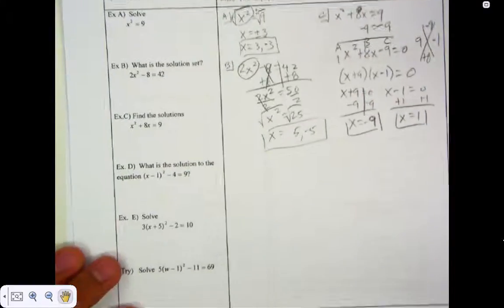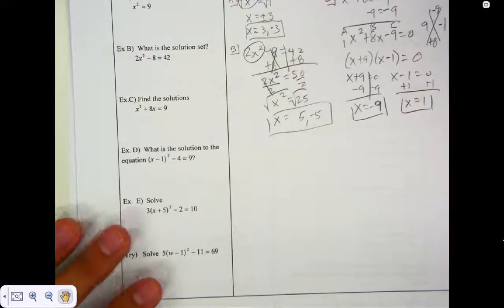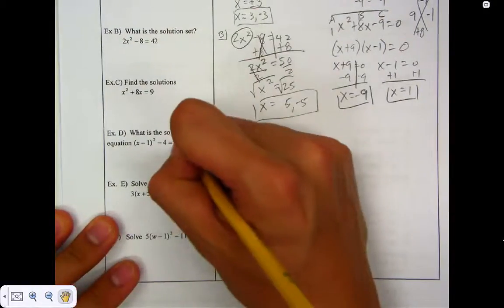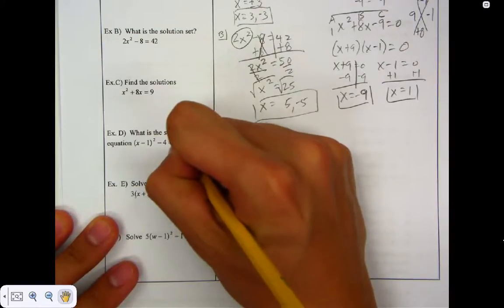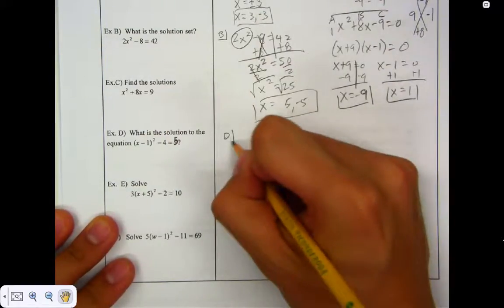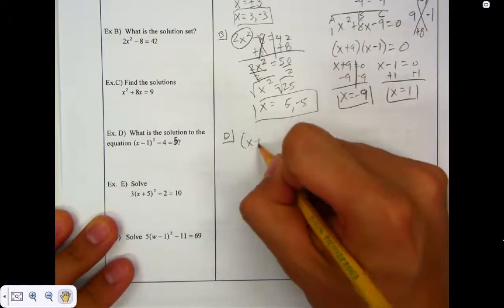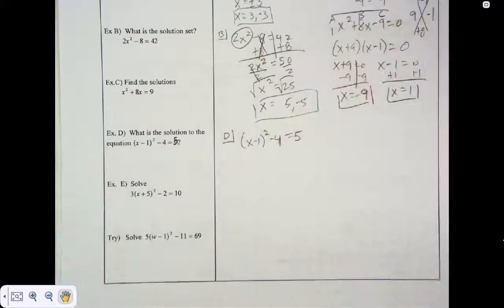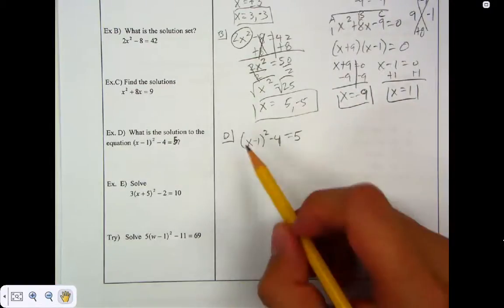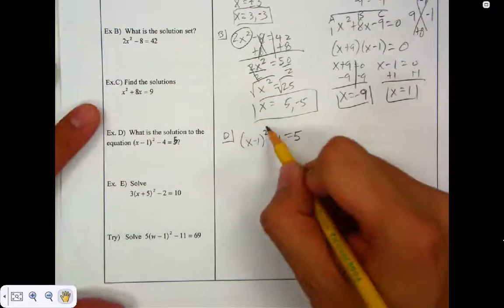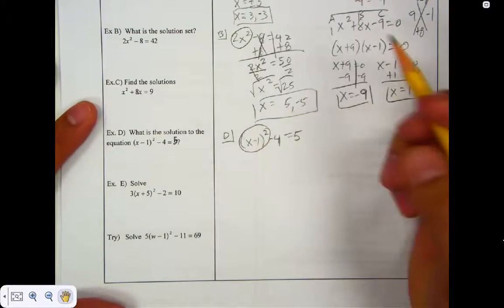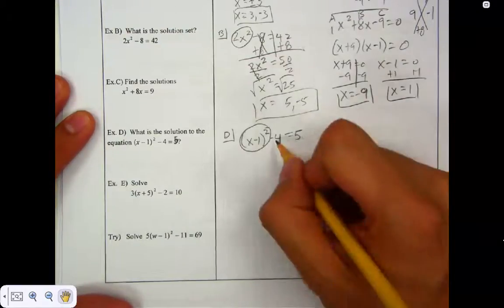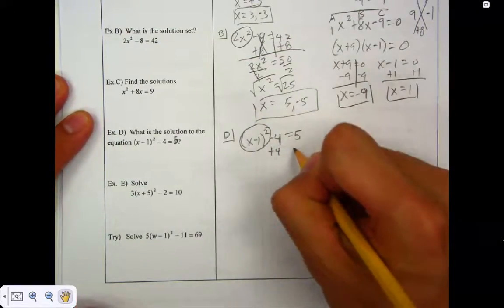Example D, what is the solution to the equation, the quantity x minus 1 squared minus 4 equals 9? I'm going to change the problem. This is going to be equal to 5. D, copy the problem, quantity x minus 1 squared minus 4 equals 5. I don't see a bx here, I see an x squared. So I'm going to circle this x minus 1 squared, and I'm going to get that by itself. So to get rid of subtract 4, I'm going to add 4 on both sides.